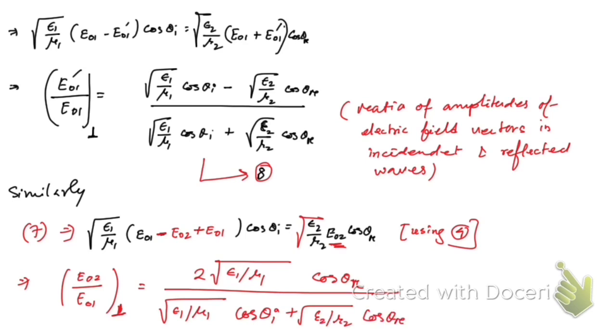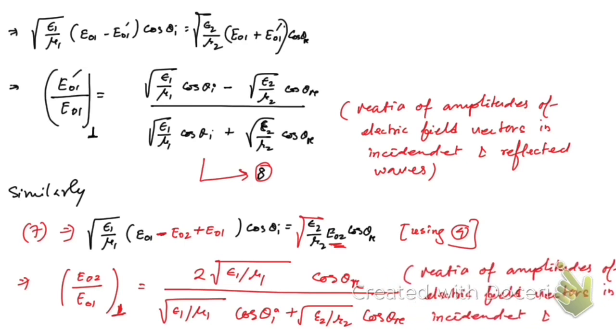And this is the ratio of amplitudes of electric field vectors in incident and refracted waves, not reflected. Let us take this as equation number 9.